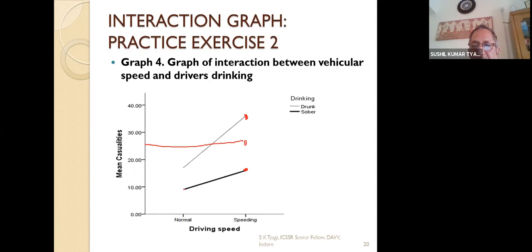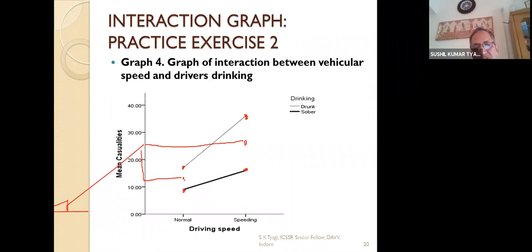This is the number of casualties for sober. This is the number of casualties for drunk at normal speed. So this is the average. And so there is a difference. This much is the difference between speeding and normal. From here to here, there seems to be a significant difference.